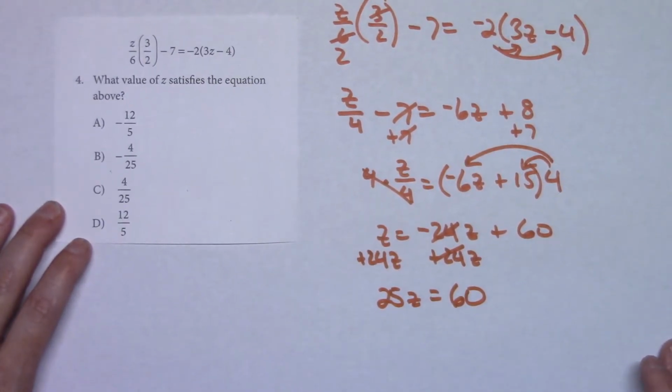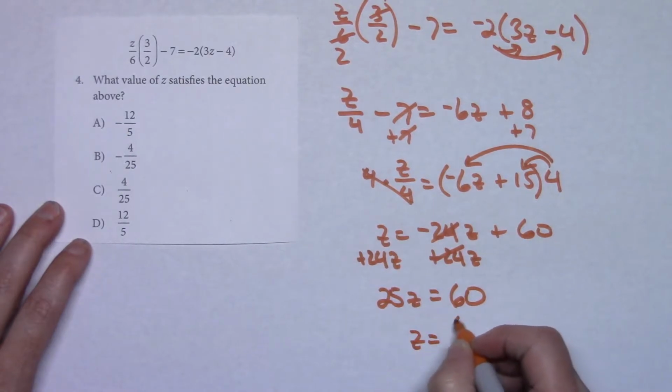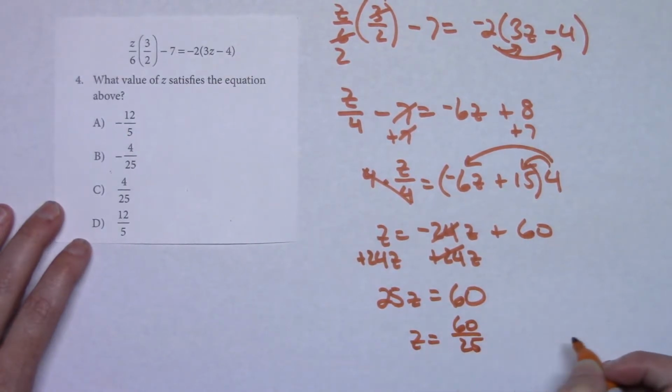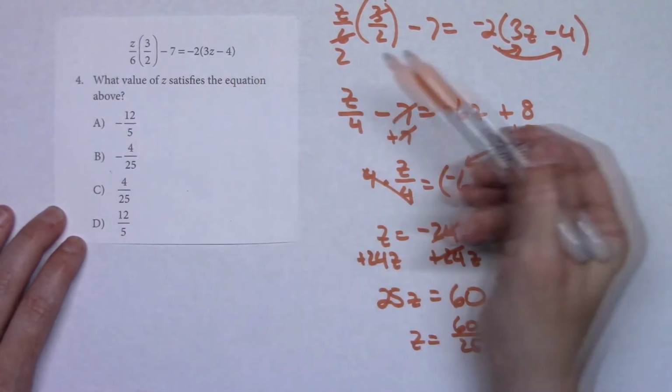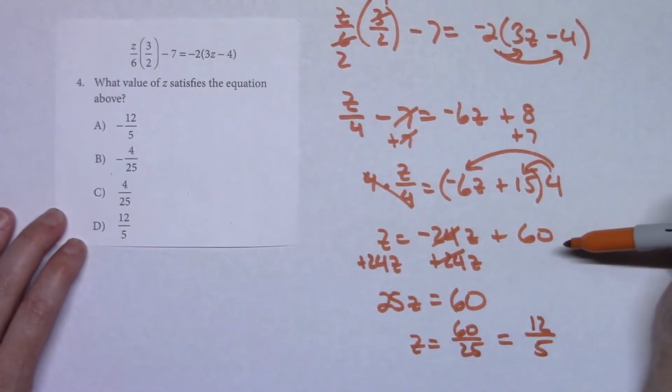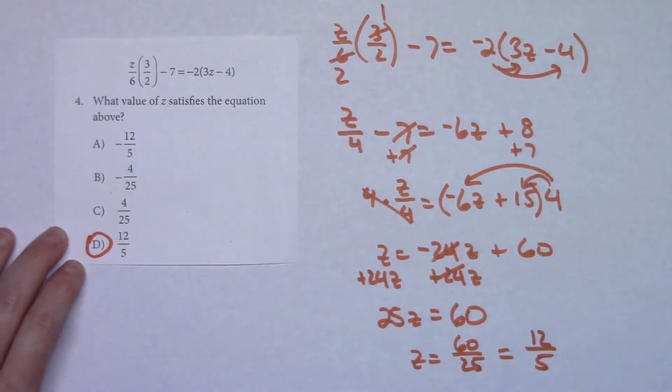And then I can divide both sides by 25. So 60 over 25, and reduce that to lowest terms. If I divide both of those by 5, I'm going to get 12 over 5. Okay, so in this scenario, work the equation out using lots of algebra skills that you have learned and come up with the 12 over 5.